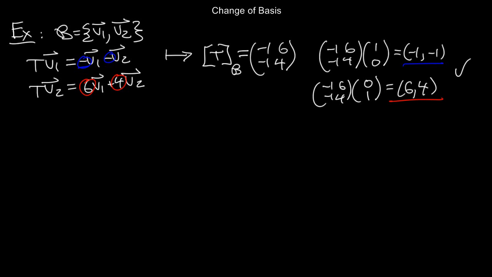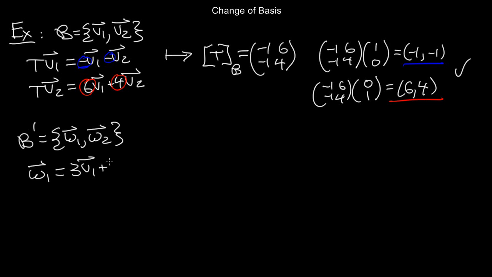Okay, so that's not a change of basis, that's just remembering how to write down a matrix with respect to a basis. Now let's come along and suppose we had a new basis, W1 and W2. So W1 and W2 are expressible in terms of V1 and V2, so let's say W1 is 3V1 plus V2, and W2 is, let's say, V1 plus V2.